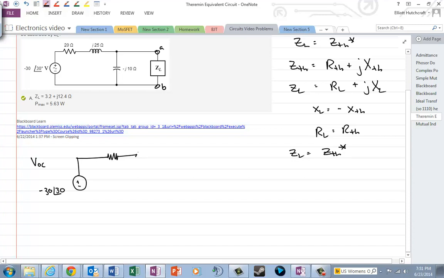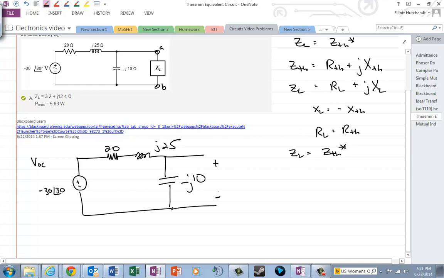Here's j25, minus j10. And so if I open up where ZL is, I need to find V open circuit.